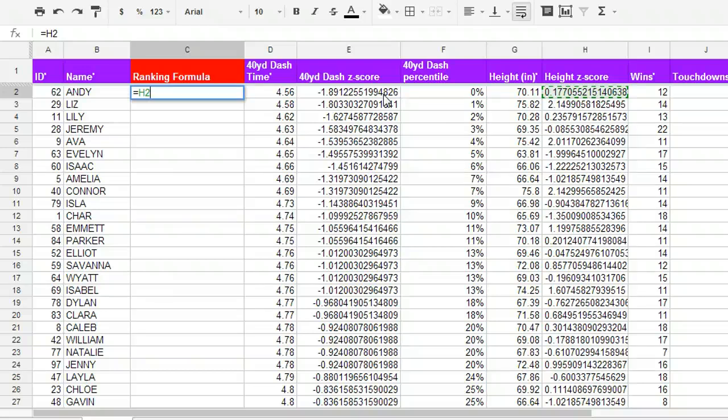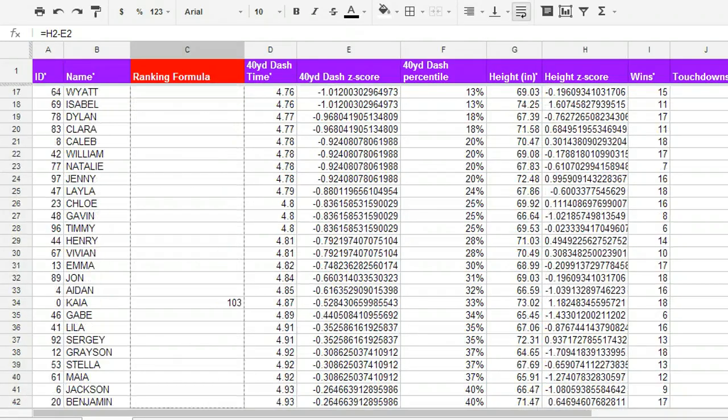So instead of adding on the 40-yard dash time to combine them, I'm actually going to subtract. I'm going to say minus this 40-yard dash time, because that means that if they have a negative score, the negatives will cancel out and I'll make it a bigger number. So my goal here for this ranking formula is that tall and fast people should have big numbers and slow and short people should have smaller numbers. So I hit enter and I get this number here.